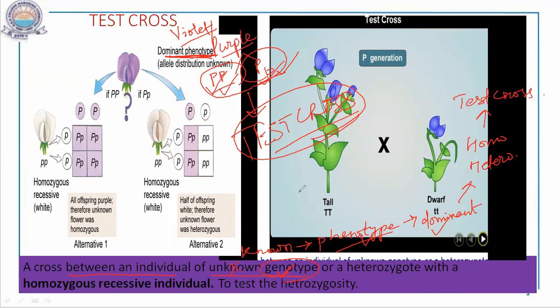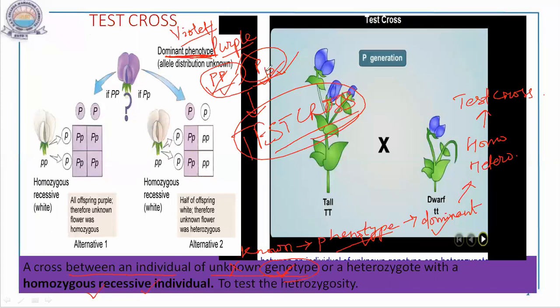So how will I do the test cross? It is a cross between an individual where you know the dominant phenotype, but you do not know its genotype. Then what will you do? You will cross it with the homozygous recessive parent.